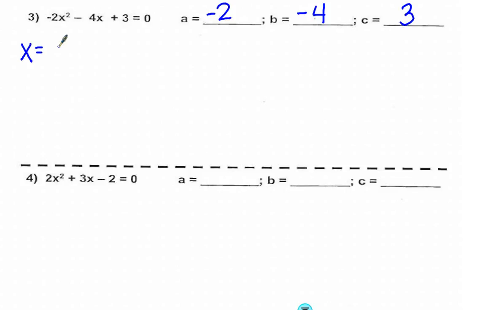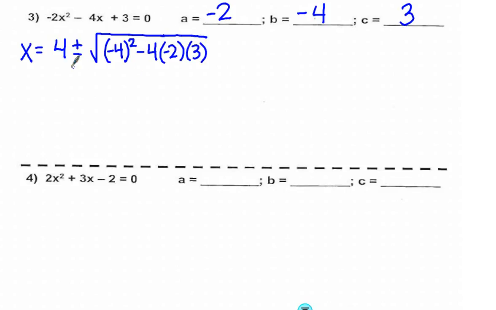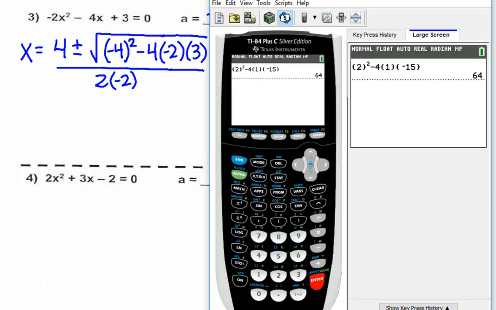So x equals opposite b plus or minus the square root of b squared minus 4ac, all over 2a. All right, and so now we got our formula. I know it looks terrifying, but my calculator is going to handle some of the heavy lifting for me.